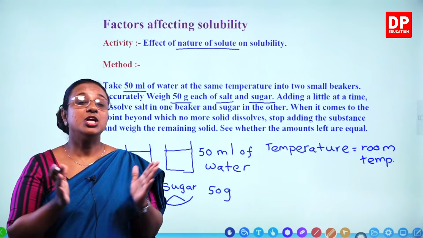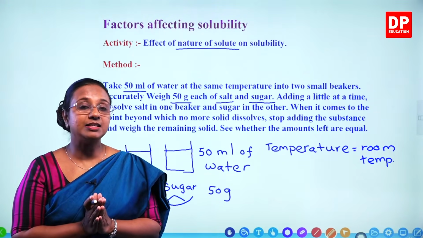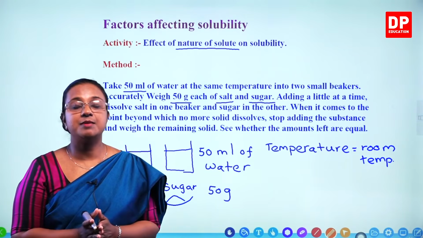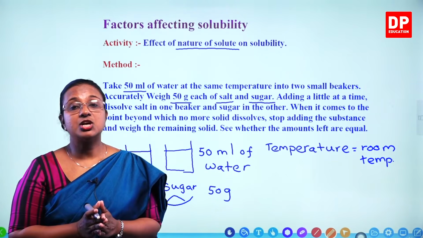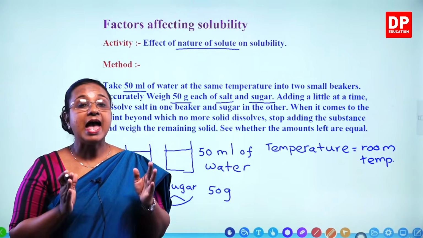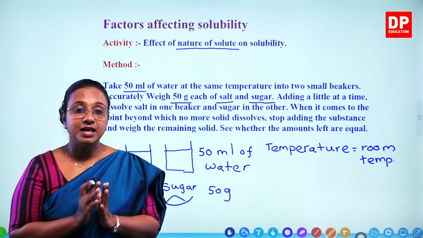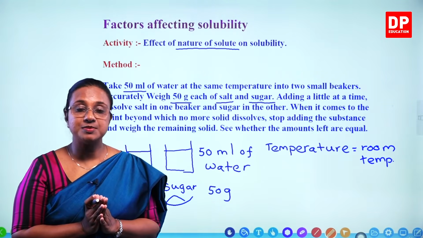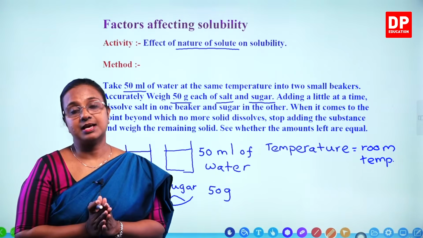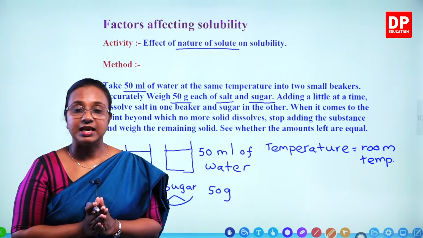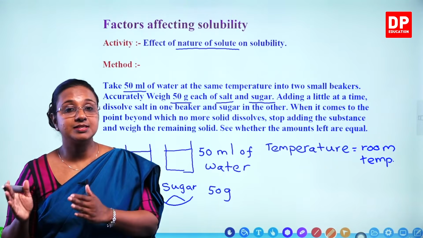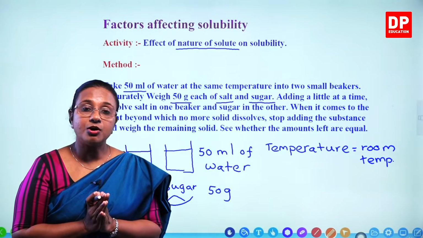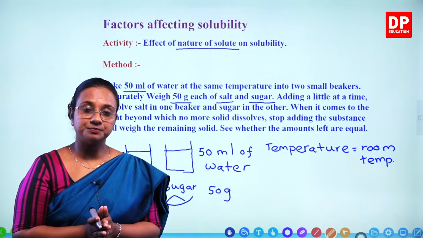Or you can do it as a qualitative activity, where you take 50 grams of salt and 50 grams of sugar, 50 milliliters of water in two beakers, and add the solutes, but at the end, without weighing, you look at the substance that is left. When you look at it, you can get an idea as to which dissolved more and which dissolved less. So from that also we can get a conclusion.